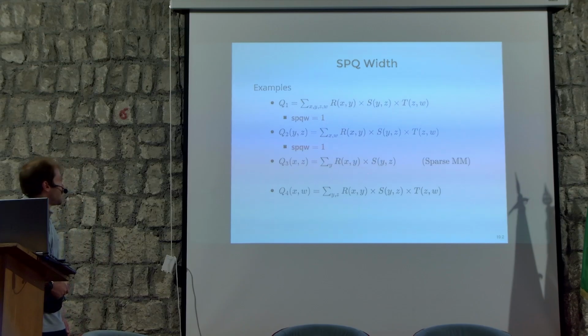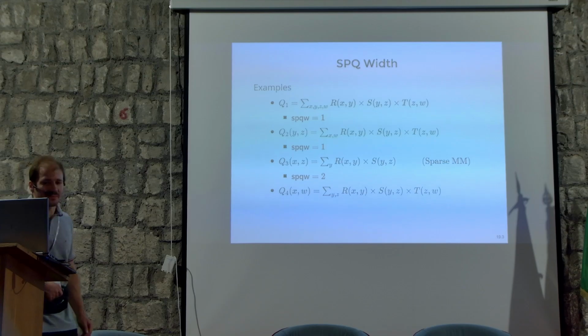This expression over here, you can think of as sparse matrix multiplication, where we have two matrices in the sparse setting, and we are multiplying them, and we are interested in the complexity in the sparse setting, where we are measuring the complexity in terms of the number of non-zeros in those two matrices. And this cannot be solved in linear time. This gives us an SPQ width of 2. And finally, the query below here is multiplying a chain of matrices, also in the sparse setting.